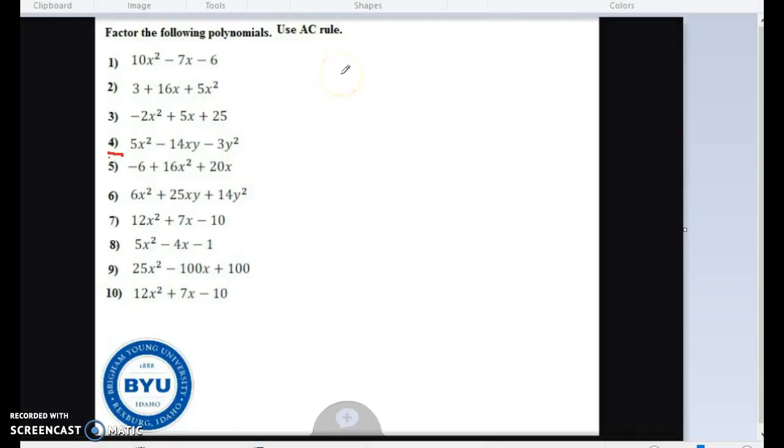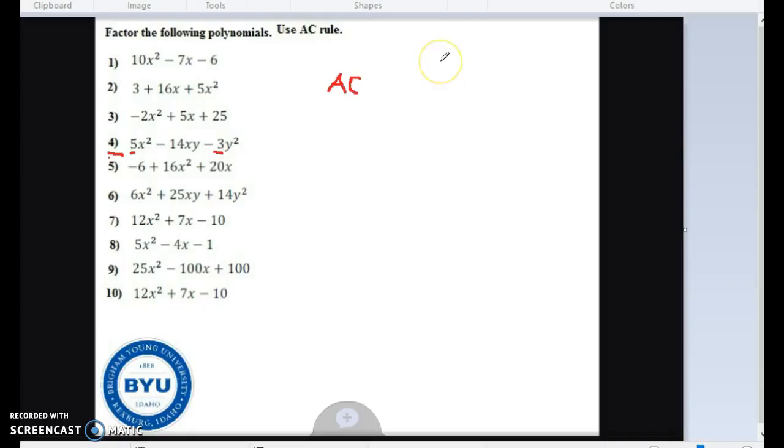So the first thing we want to do is use the AC rule, and I think it's helpful when doing this to include not just a and c, which are the coefficients 5 and -3, but also the x squared and the y squared.